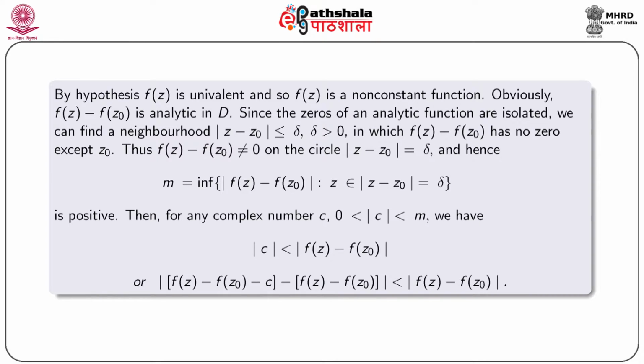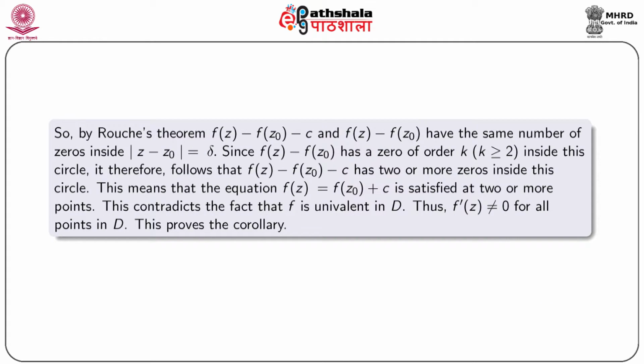Then, for any complex number c with 0 less than mod c less than m, we have mod c is less than mod f(z) minus f(z0), that is mod of (f(z) minus f(z0) minus c) minus (f(z) minus f(z0)) is less than mod f(z) minus f(z0). So, by Rouché's theorem, f(z) minus f(z0) minus c and f(z) minus f(z0) have the same number of zeros inside mod z minus z0 equal to delta.